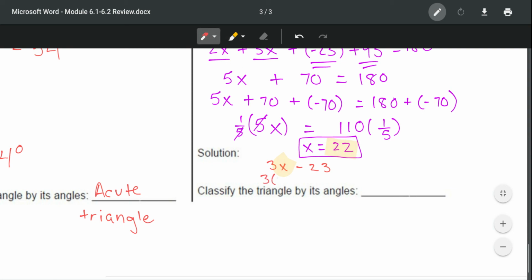So 3 times 22 minus 23 is equal to 66 minus 23, which is 43 degrees.